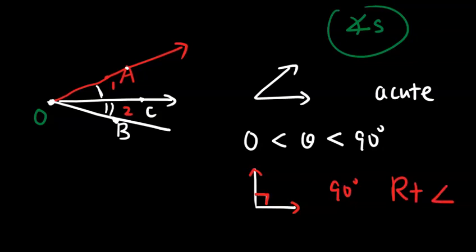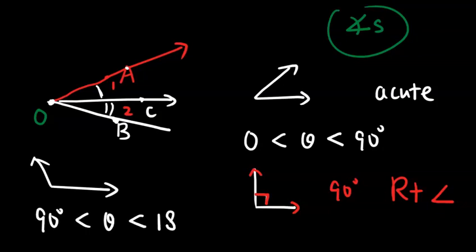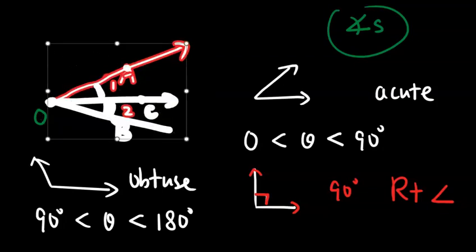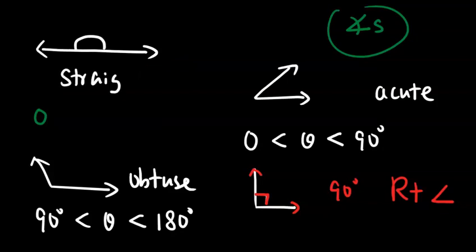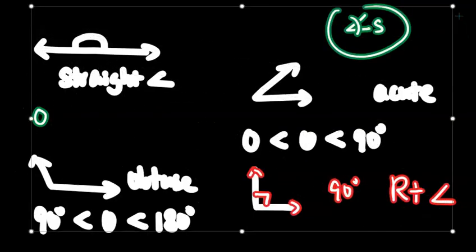If the angle is greater than 90, but less than 180, this is an obtuse angle. I'm going to erase this and need the space right here. And if I have an angle that is 180, that is a straight angle. Okay? All right. For all the basics, we're going to stop right here. In the future, we're going to talk about other angles.